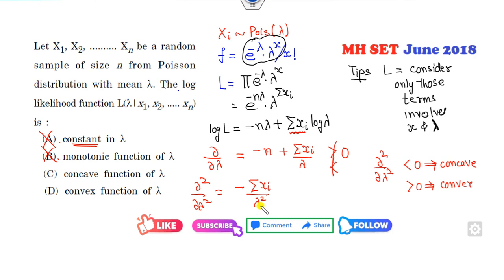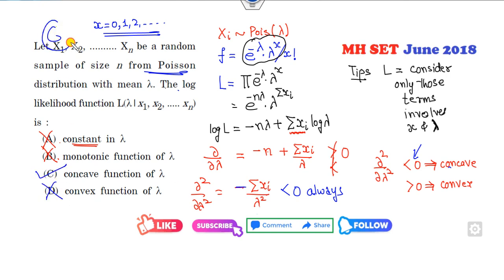The denominator is always positive, and the summation is always positive because it is taken from the Poisson distribution, whose domain is 0 to infinity, so a positive number. So this is less than 0 always, and whenever it's less than 0, it's concave in nature. So C is my correct answer.